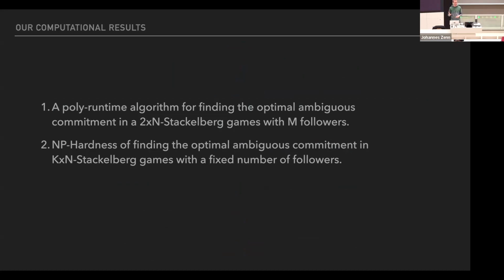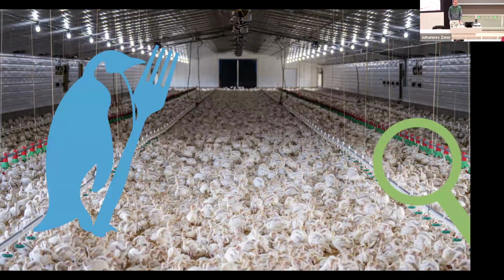Because we're in a computer science department here as well, we have some computational results, which essentially give us a clue: can we calculate such ambiguous commitment strategies? We do give an algorithm for that, at least as long as the leader does not have too many actions, because we show that it's NP-hard to get to those commitments whenever the actions can grow. With this, I hope regulation has some new idea what to do, or maybe not.